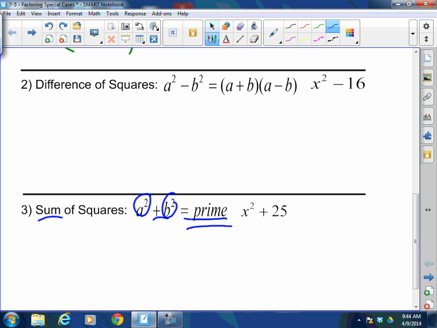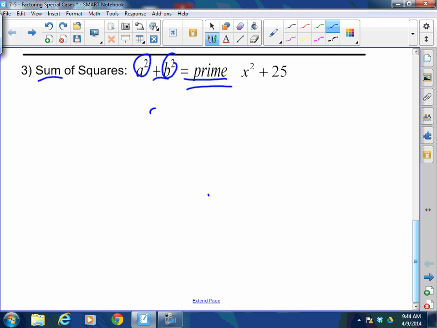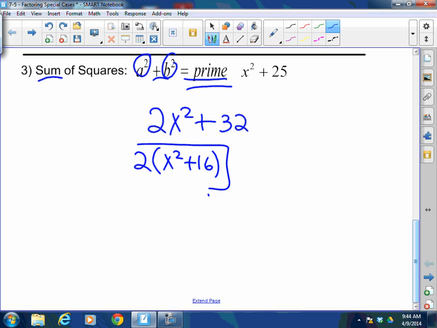In that case, it would not be prime though, right? If I said to you, 2x squared plus 32, let's say, I can factor out a 2, making this x squared plus 16, but that's it, I'm done.